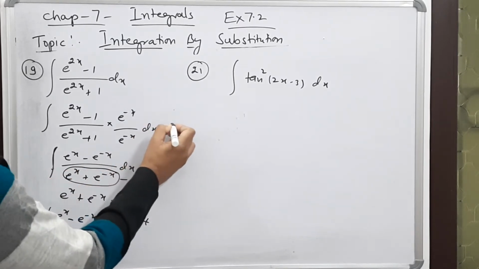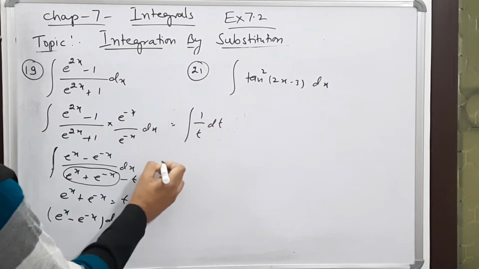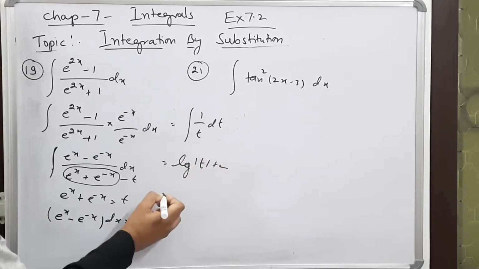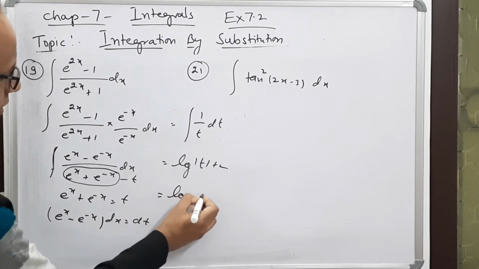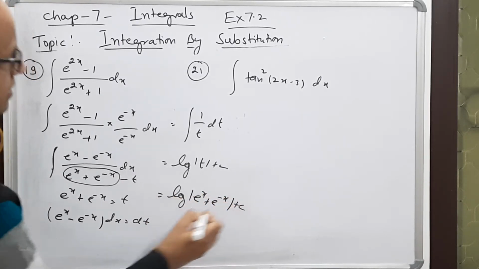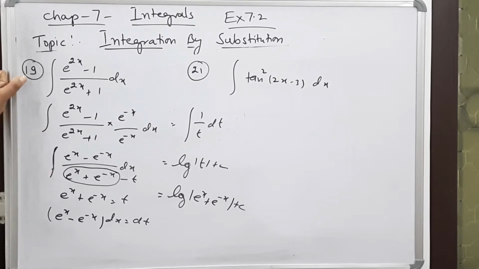So this will take the form 1 upon t dt, and the answer will be log t plus c. So answer is log, and what is the value of t? e power x plus e power minus x, plus c. So in this way, this is one of the important sums. Sum number 20 is also like this only.